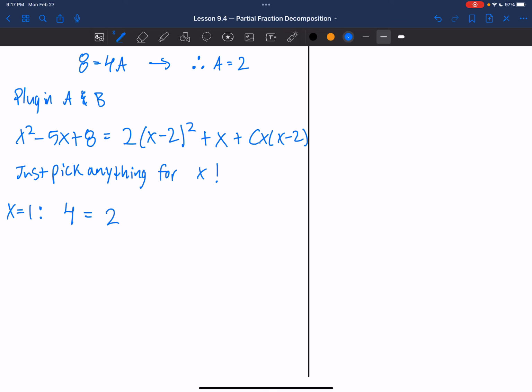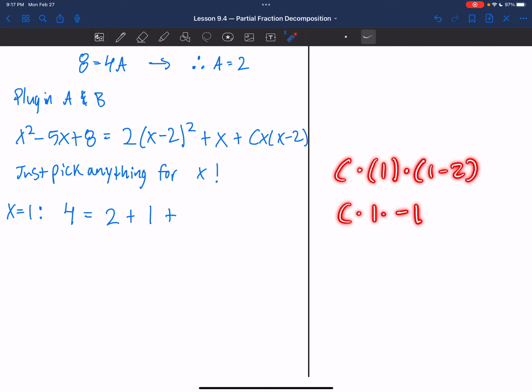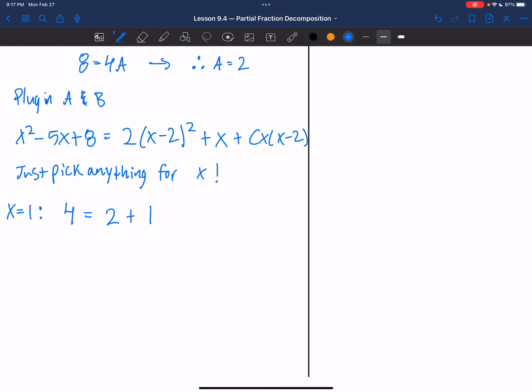So that's 2 plus, well, this is just x, so x is 1, so plus 1 plus, and now this is c times 1 times 1 minus 2. That's c times 1 times negative 1, that's just negative c. So I'll say minus c. So 4 equals 3 minus c.